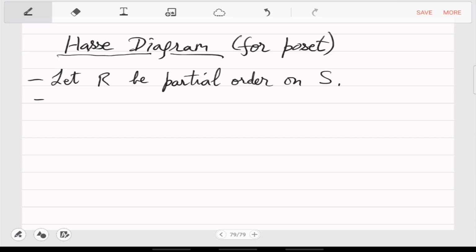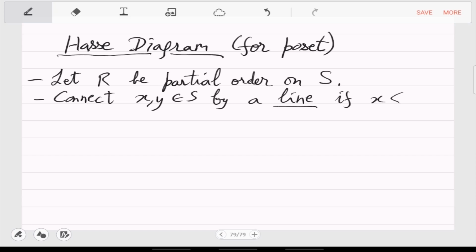So connect x, y by a line if x is less than y. Or maybe it helps to think of it as an arrow.